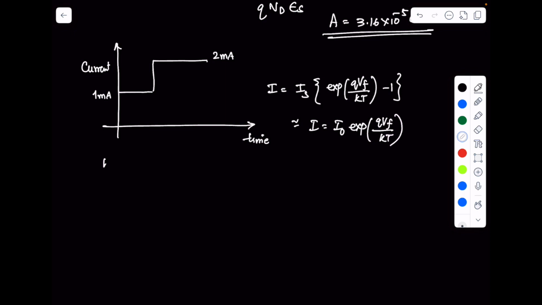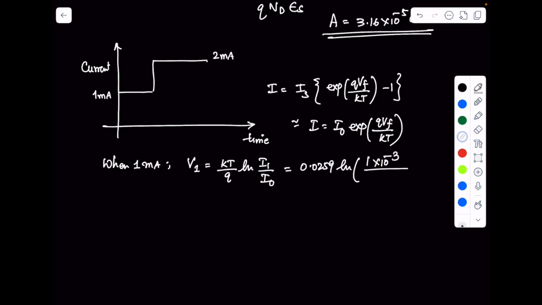So when the current is 1 milliamp, what should the voltage across the diode be? The voltage across the diode is going to become KT by Q ln of I1 by I naught, right? Or 0.0259 ln of I1, which is 1 milliamp, and I naught is 0.1 nanoamp, and so that works out to 0.417 volts.